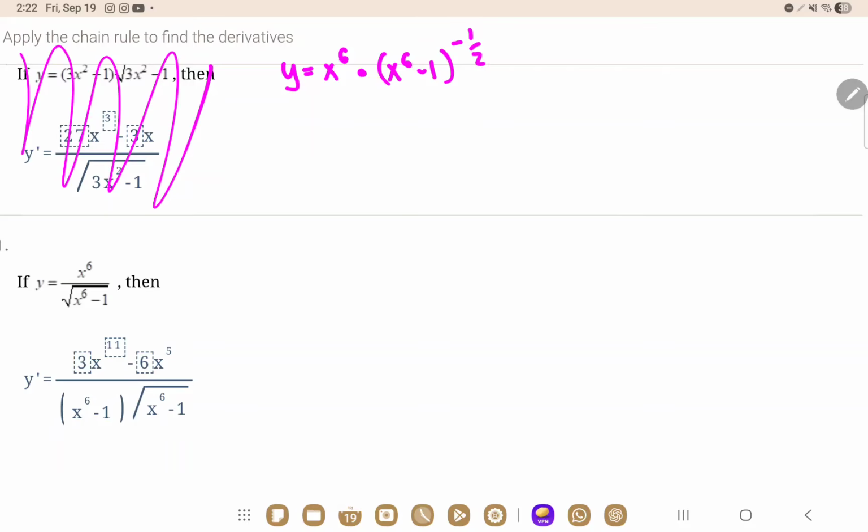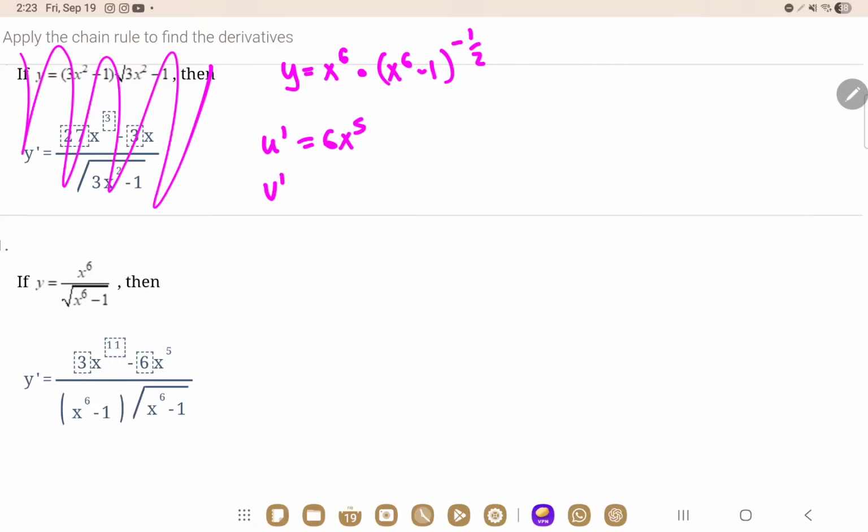Again, we're going to use the product rule, and we have to use the chain rule too. Now let's find u prime and v prime. U prime is going to be 6x^5.